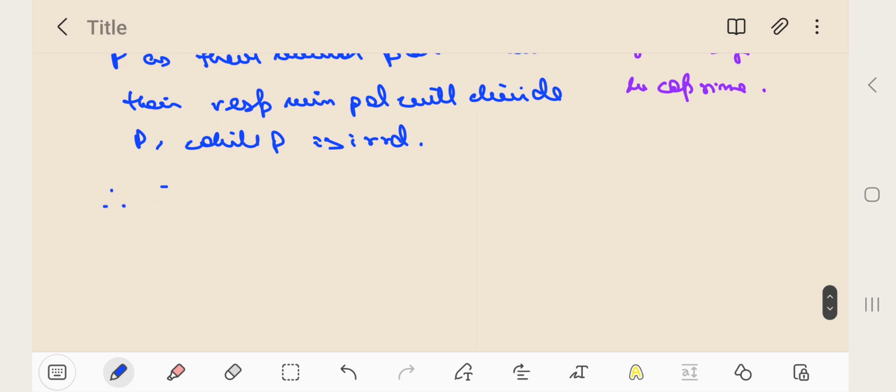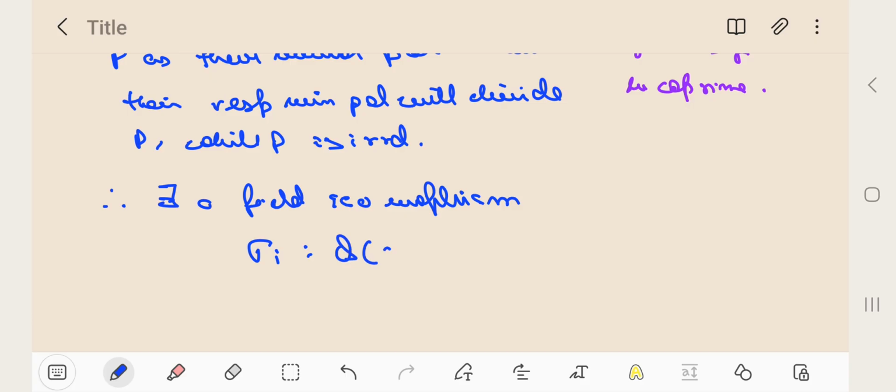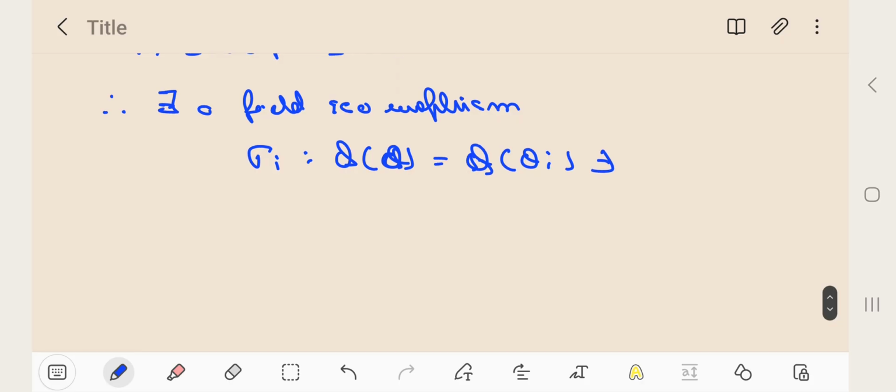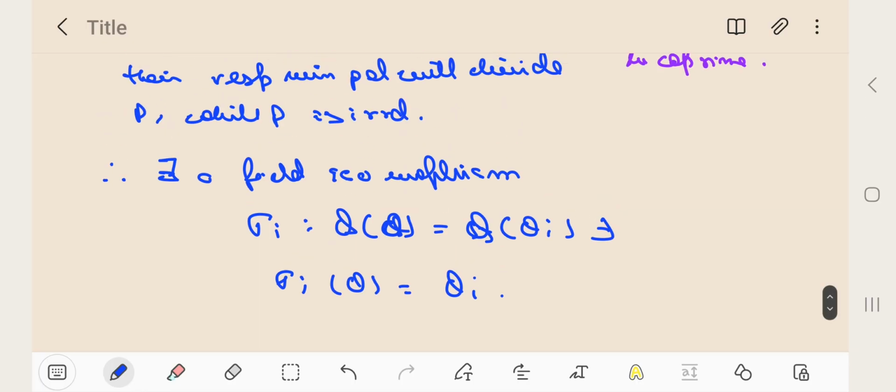Due to this reason, there exists a field isomorphism sigma_i from Q(theta) to Q(theta_i), such that sigma_i(theta) is simply mapped to theta_i. And why does this happen? I'll just give a brief of this. Since they have the same minimal polynomials, how do we typically define Q(theta)?